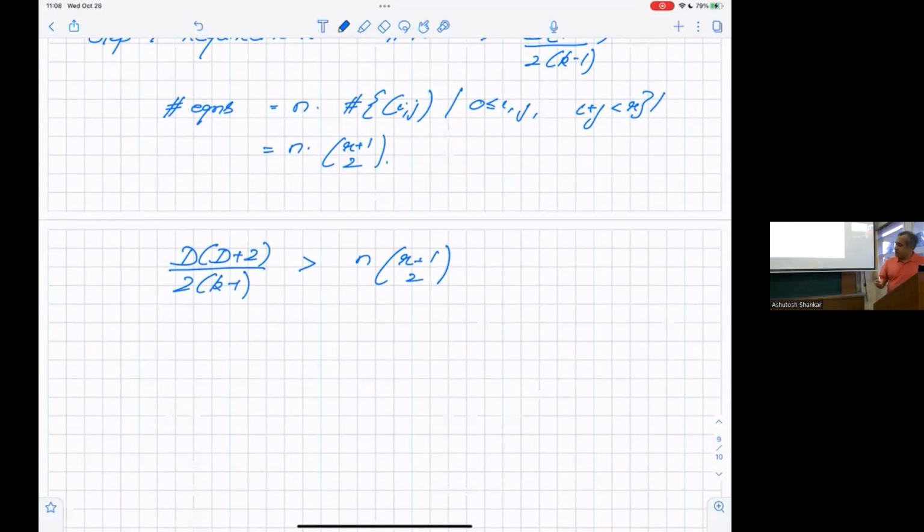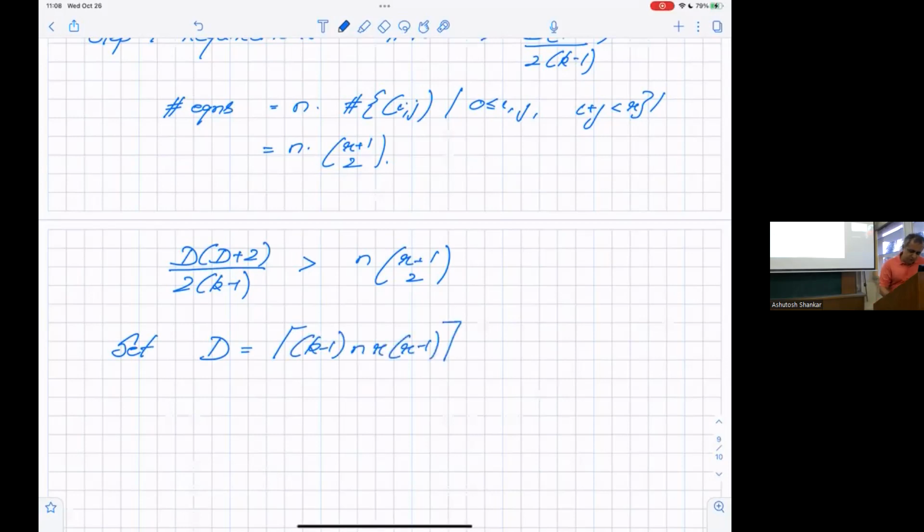So we will set d to be equal to the ceiling of square root of (k minus 1) n r into r minus 1.